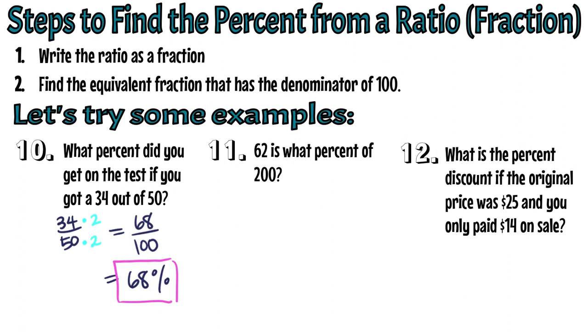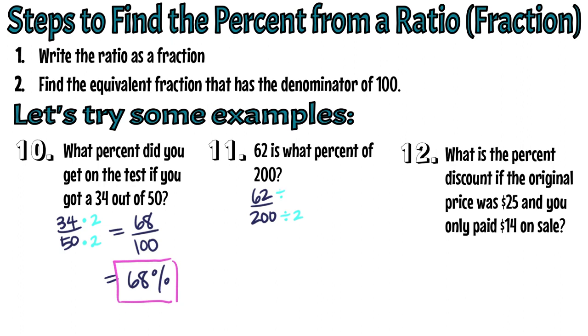In number 11, we have 62 is what percent of 200? So we write 62 over 200, right? That's our ratio, write it as a fraction. And then we want to convert that denominator to 100. So if we're at 200, if we divide by 2 in this case, we'll get 100.